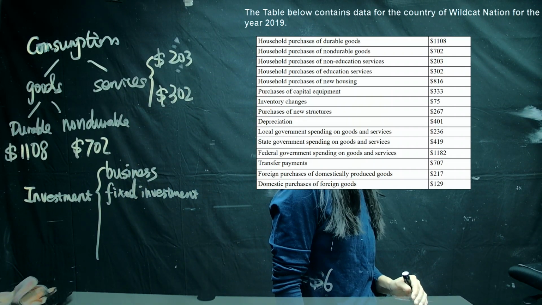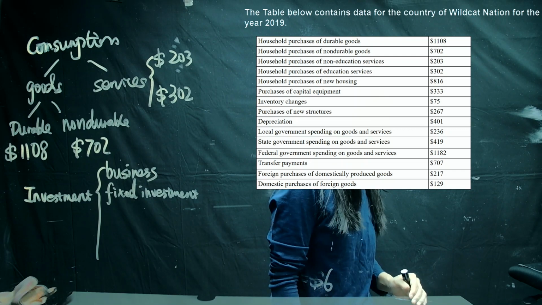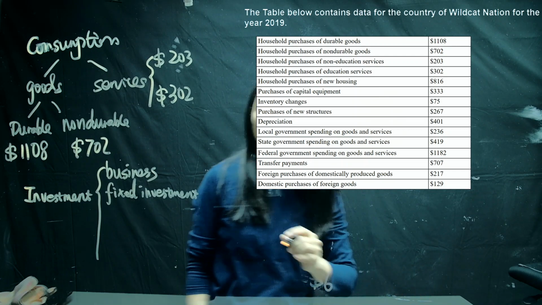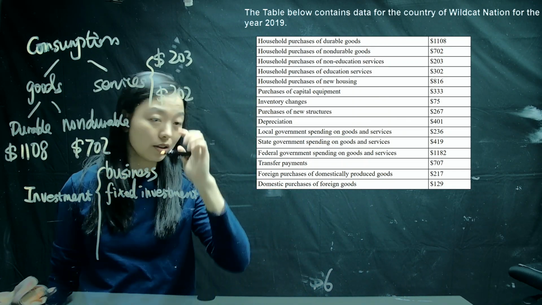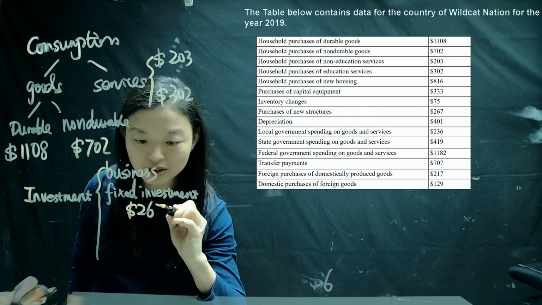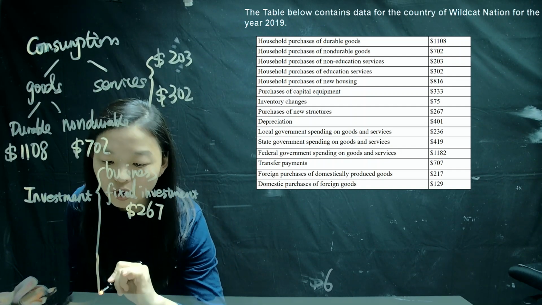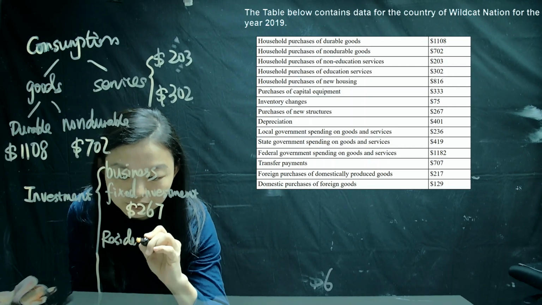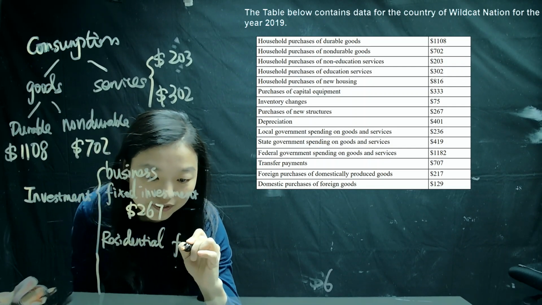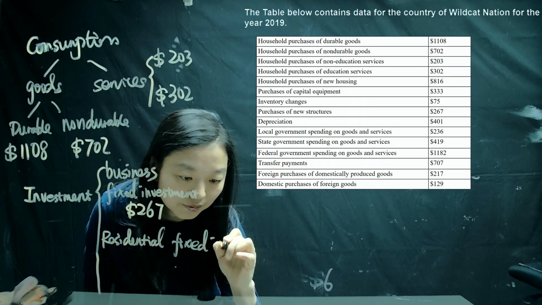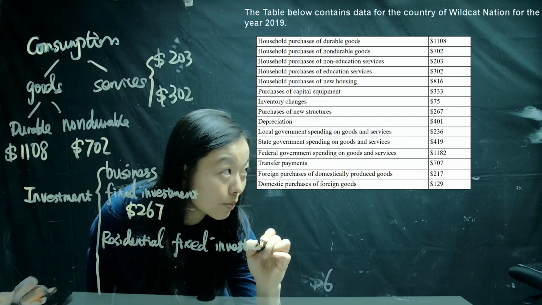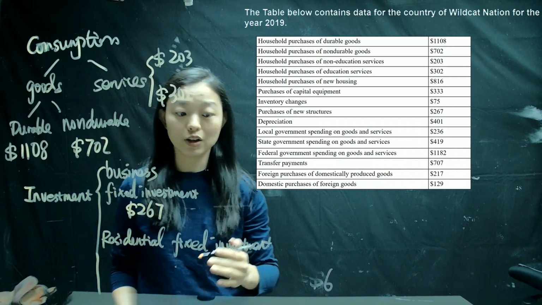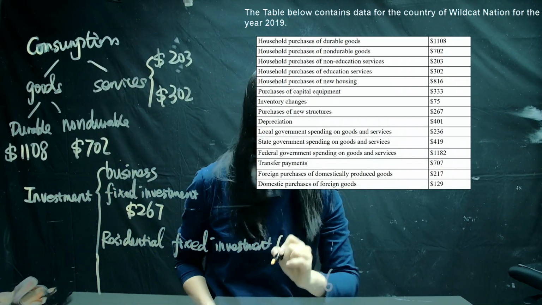Purchase of the new structures, 260. This one will be $267. Also residential fixed investment, which is things like the purchase of a new house.